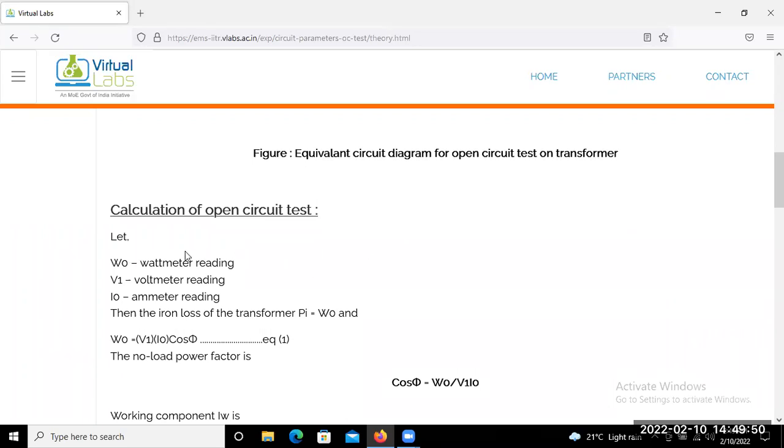We already measured the power, that means the no load power consumption, that is the core loss. That power can be represented as V I cos phi, is it not? Yes, sir. So we try to find the no load power factor, that means cos phi.